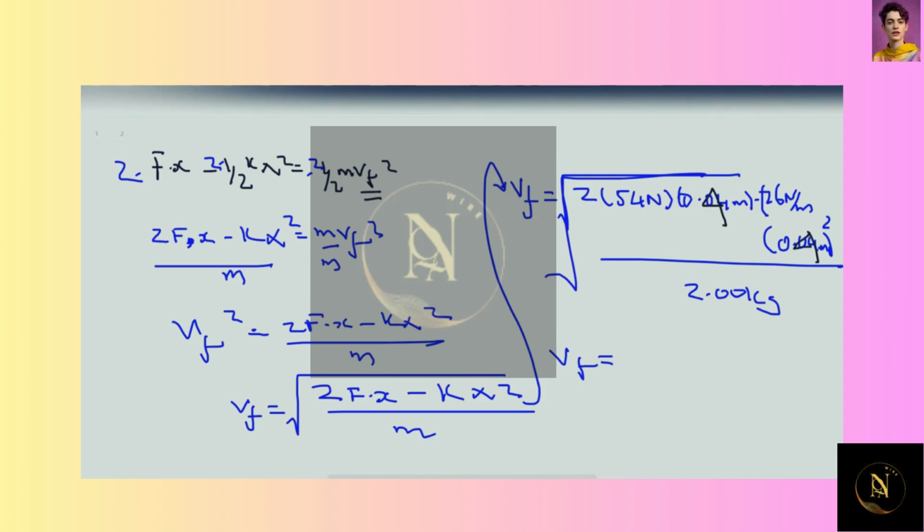And so if you plug in the numbers, you get the square root of 2 times 54 times 0.4, close that, minus 76 times 0.4 times 0.4, close that, and that, divide by 2, and that's going to give us 3.939.